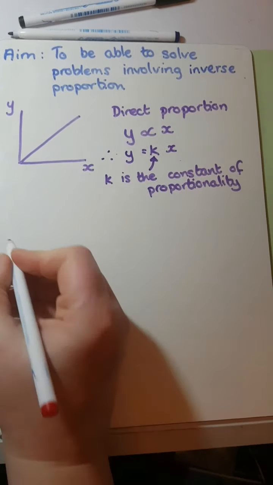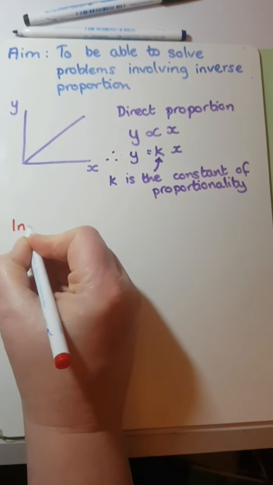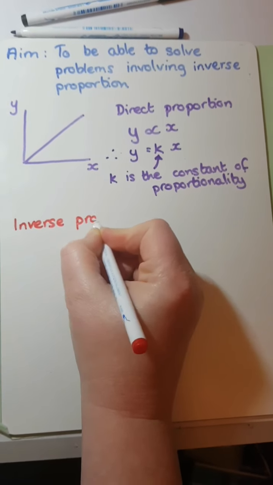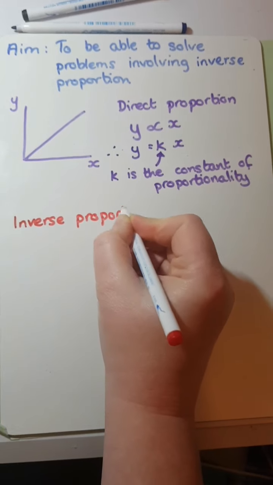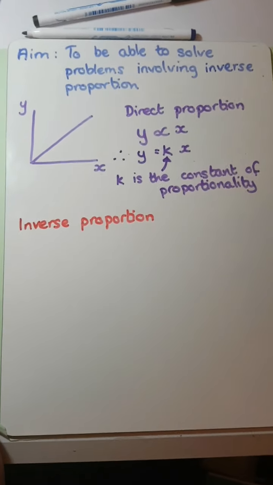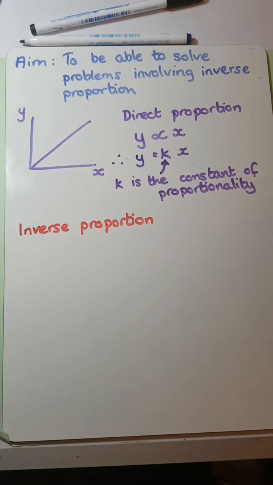Now, when we're talking about inverse proportion, rather than as one quantity increases, so does the other, what it actually means is as one quantity increases, the other goes down.